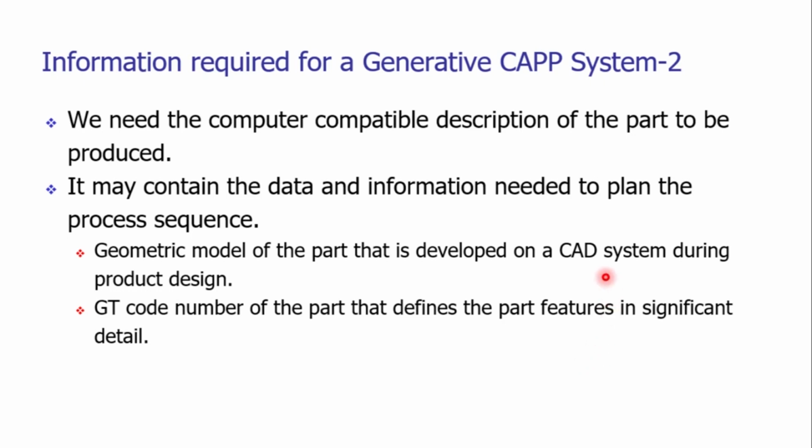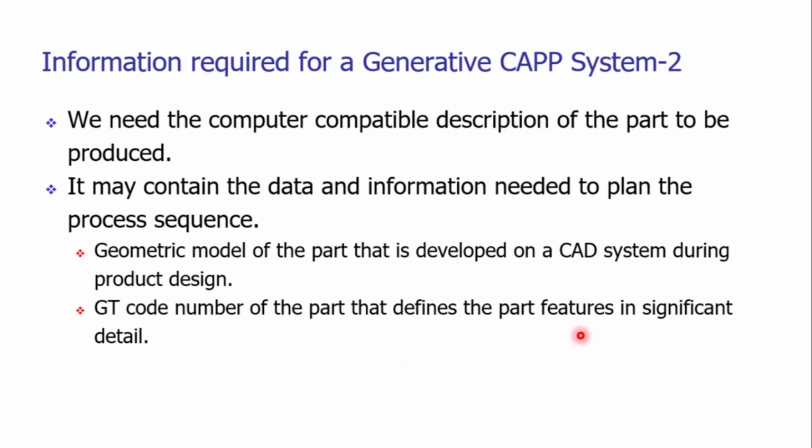All these features are to be extracted from the CAD system, which is needed for generation of the manufacturing process sequence. Then we need the GT code number, the numbering or coding of the system, which signifies the product description and the part features with significant details.